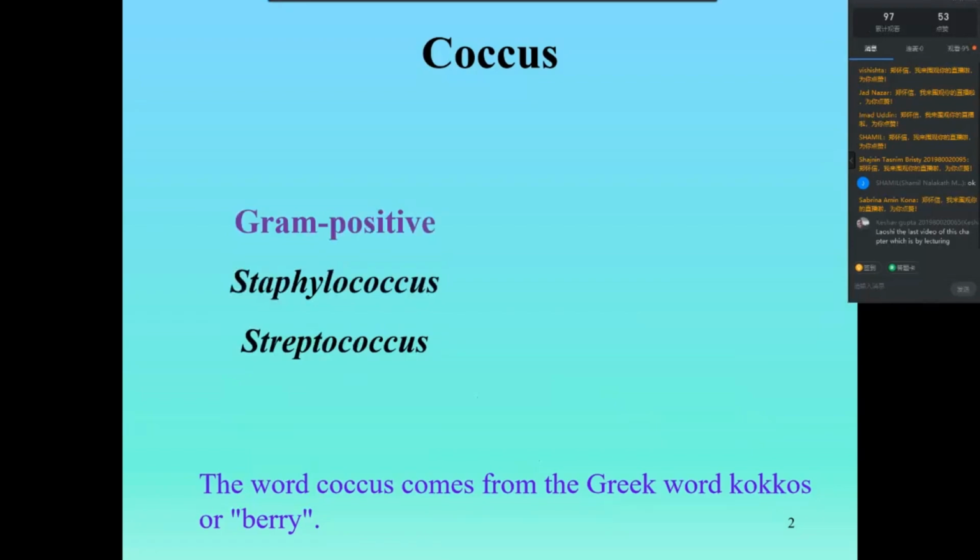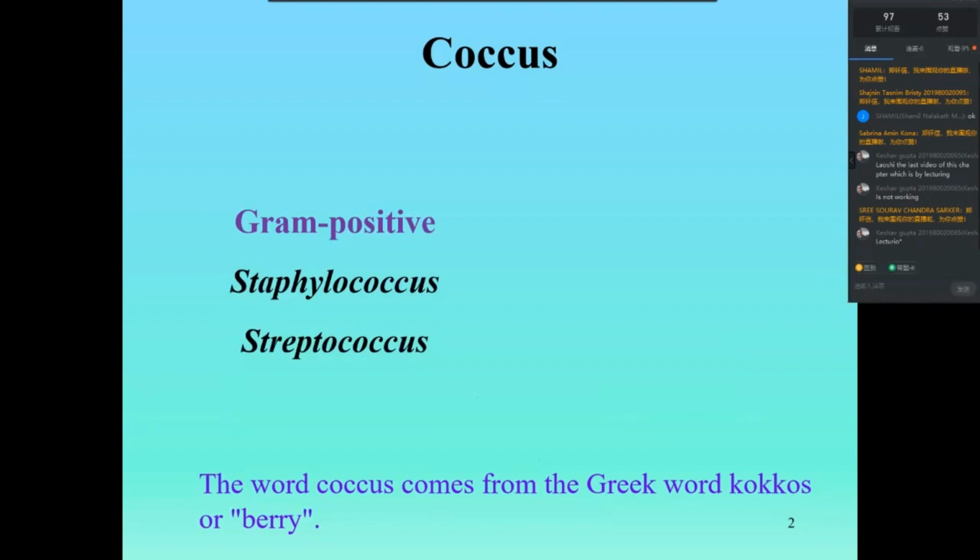This group of bacteria contains gram-positive bacteria, and today we'll cover this part, including Staphylococcus and Streptococcus.